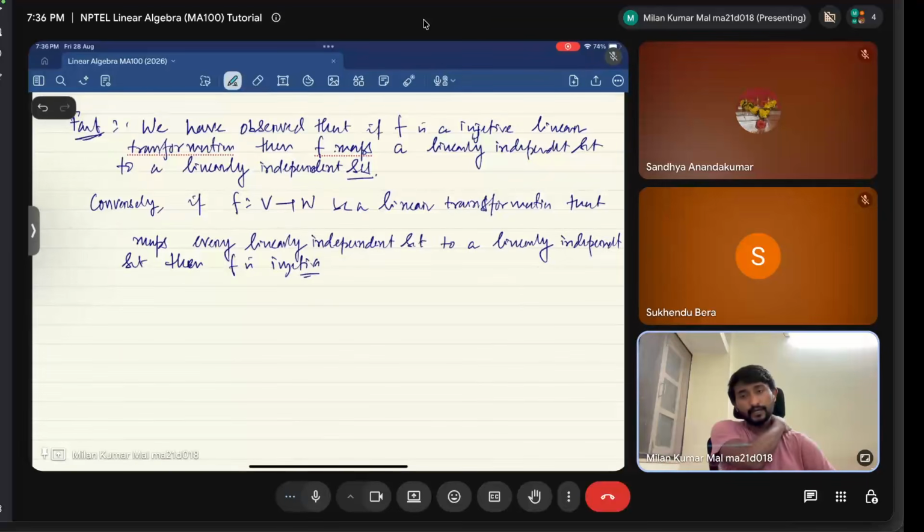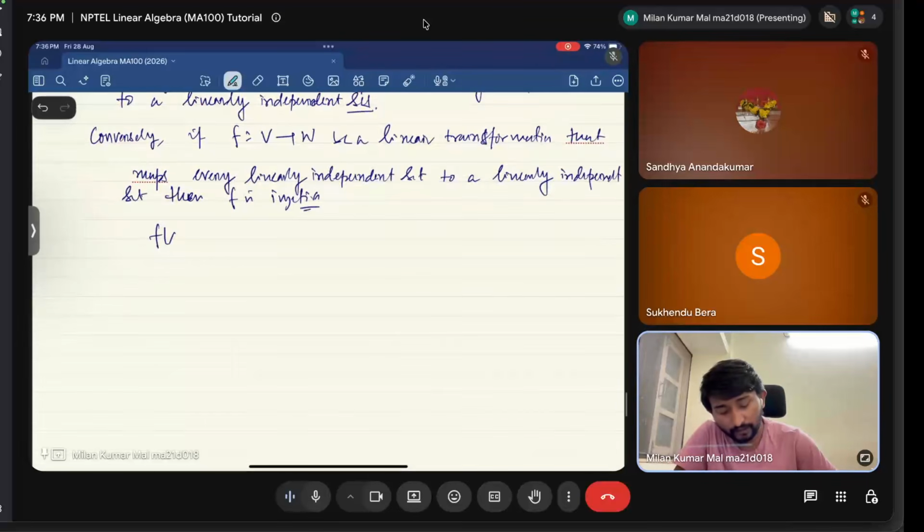Why is f injective? Let's take f of alpha equals 0. Then the claim is alpha is 0, right? That is what I have to prove.